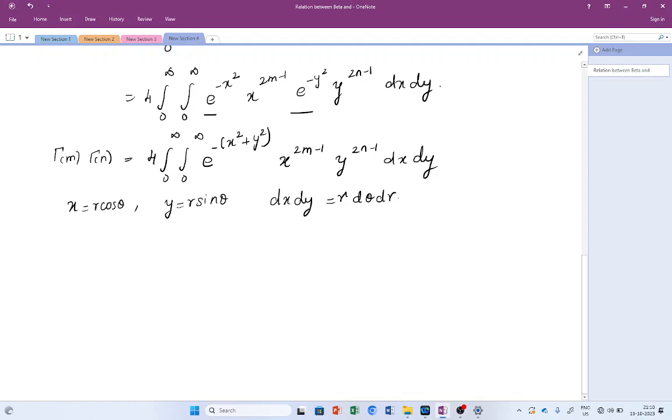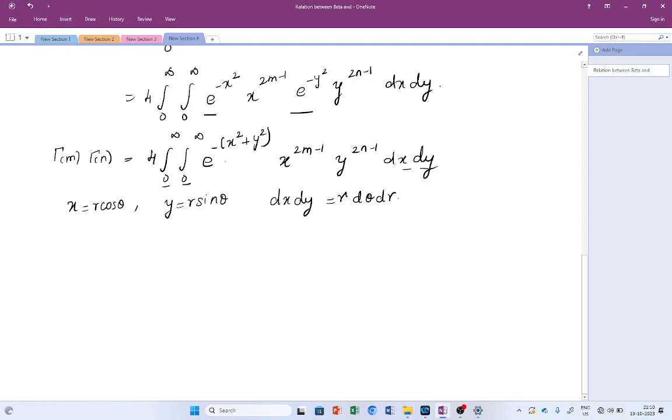Okay, and also you have your limits for your x and y. When you are converting your x and y in terms of polar coordinates, in terms of r and theta, your dx and dy will be changed.